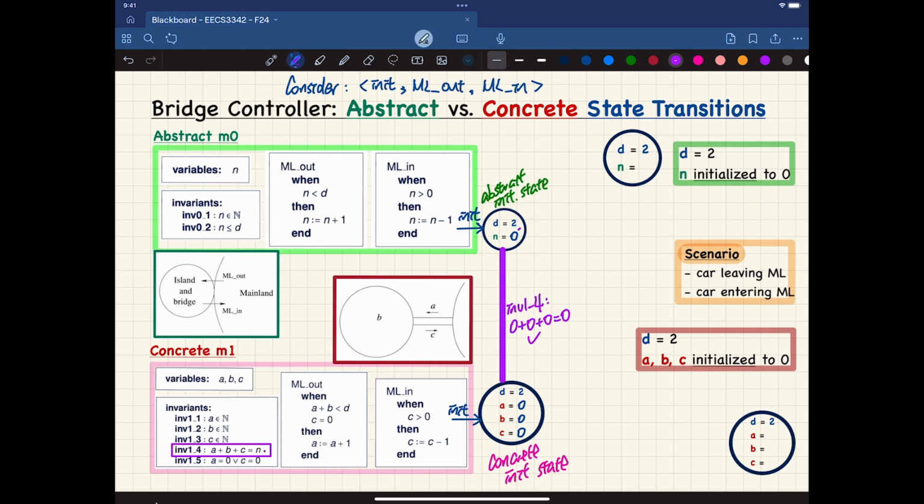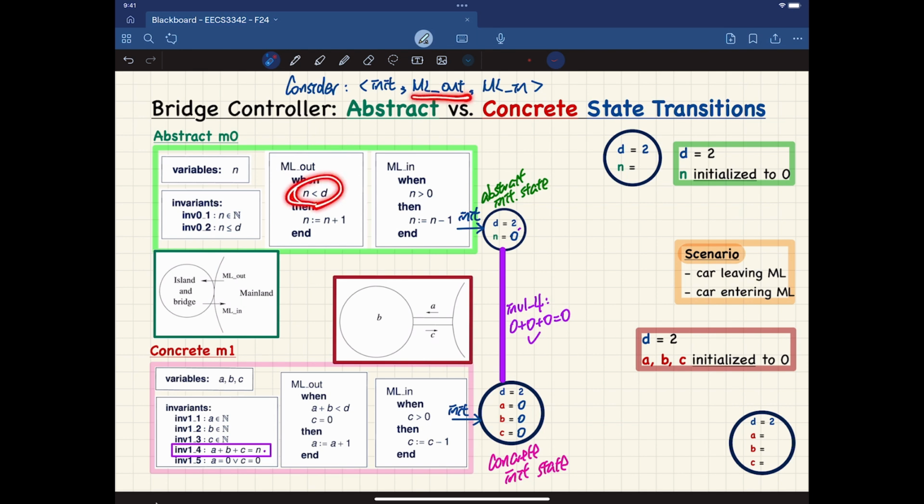Think about we are trying to create these two systems concurrently and trying to run them. Okay, I'm going to do basically one together with you. You can do the other one. Let's do the first one, ML out. In order to really take ML out, we have to check the abstract guard.